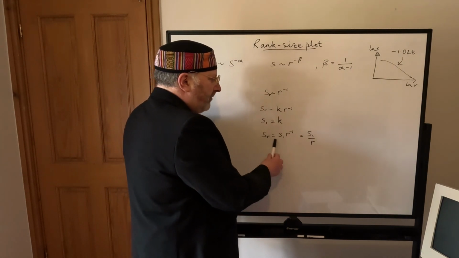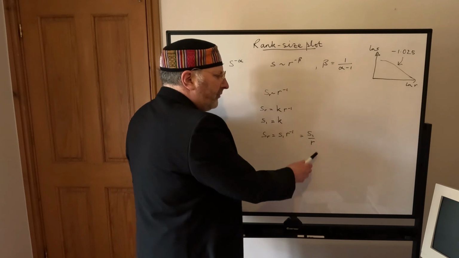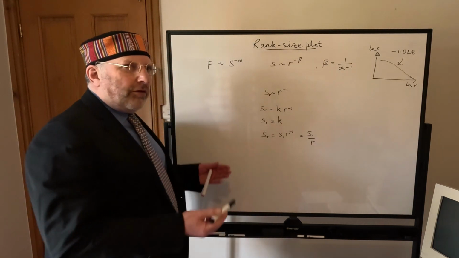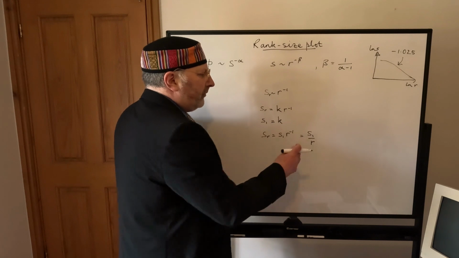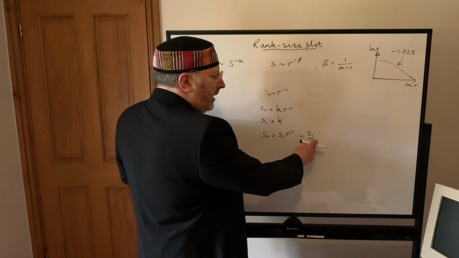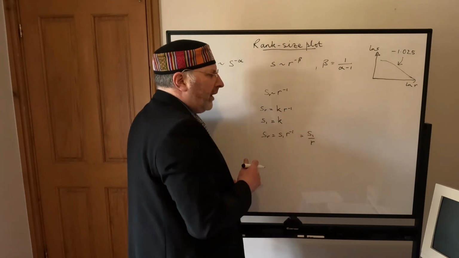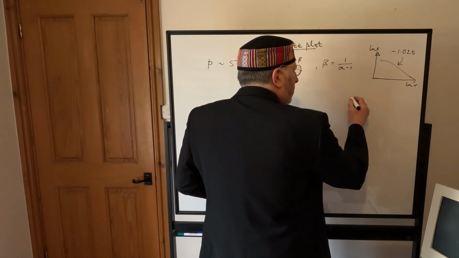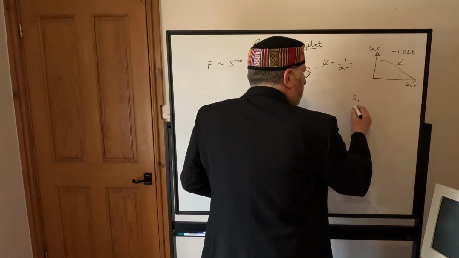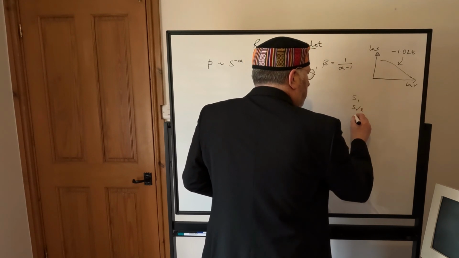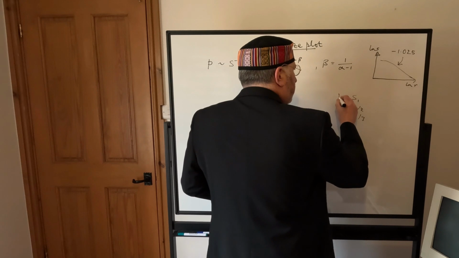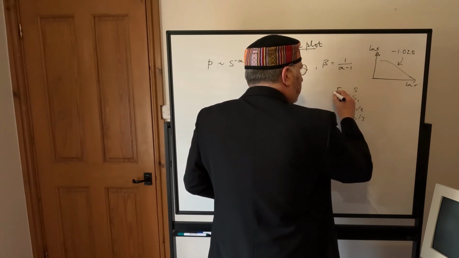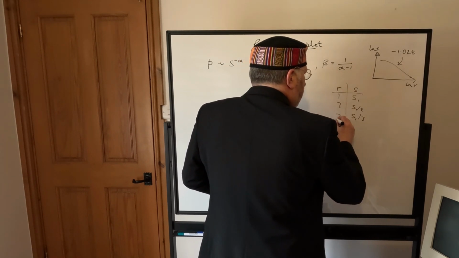The item of rank 3 will have size S1 over 3. It's just a third of the size. And the fourth one will be divided by 4, so it will be a quarter of the size of the largest. So the values will be S1, S1 over 2, S1 over 3. Well, if these are the ranks, R, that's versus size, 2, 3, 4.